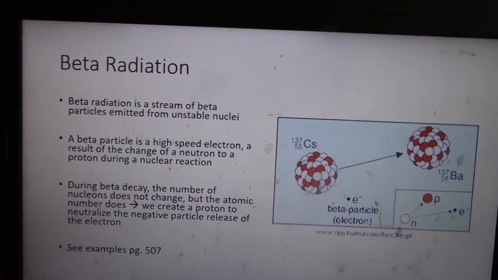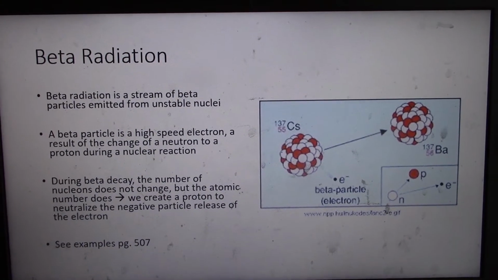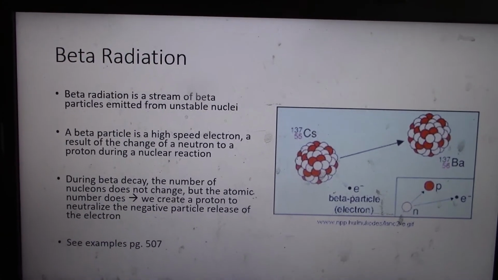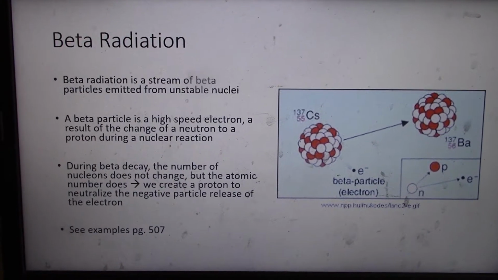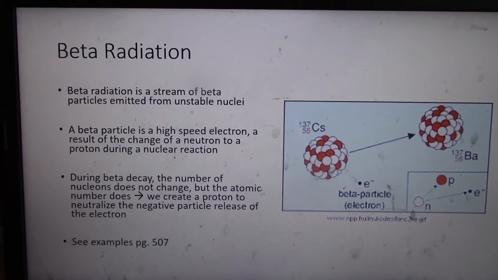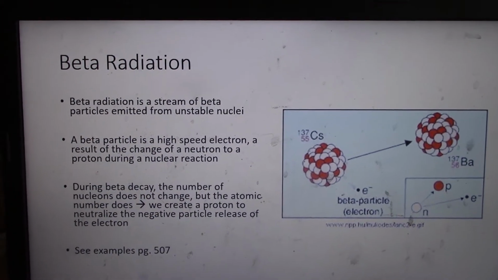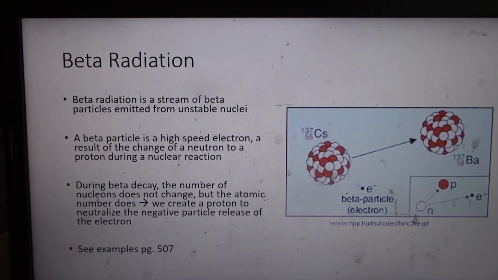So something that's neutral turns into a positive ion. In order to balance that charge, an electron is also produced. During beta decay, the number of nucleons does not change, but the atomic number does. The atom moves up the periodic table because it creates a proton.